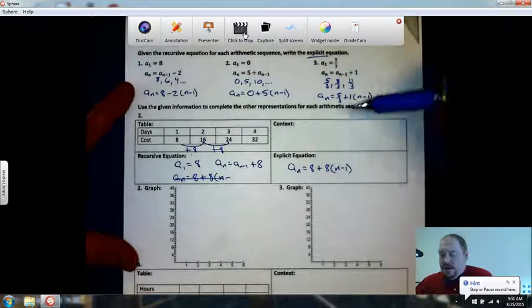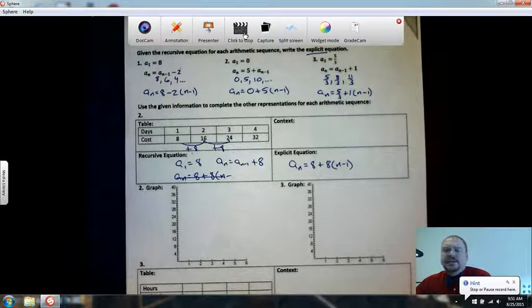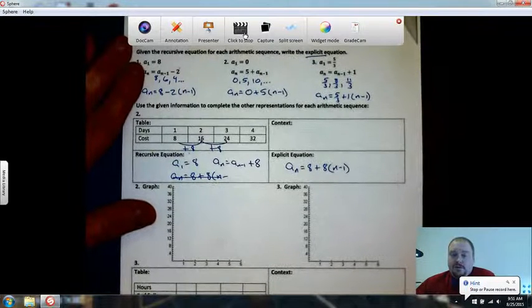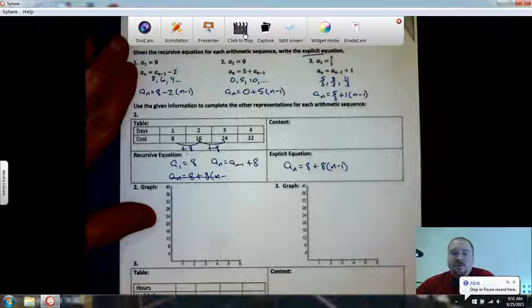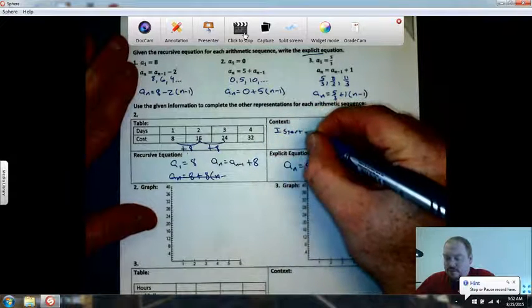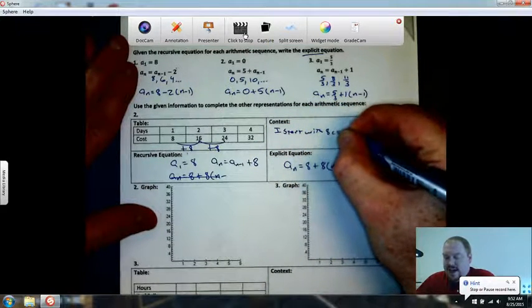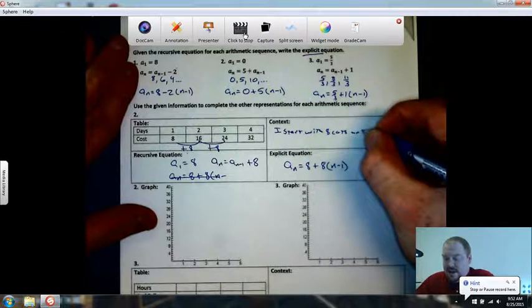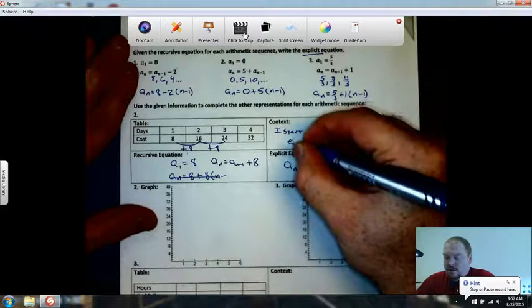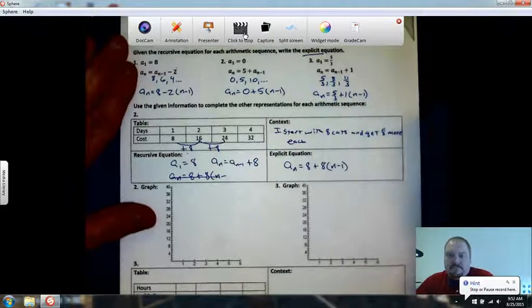Now, for the context. The context is just any situation that you want it to be. Okay? You could just make it up. So, for instance, you could say, looking to the future, and I'm one of those crazy people that loves animals, so I start with 8 cats and get 8 more each month.